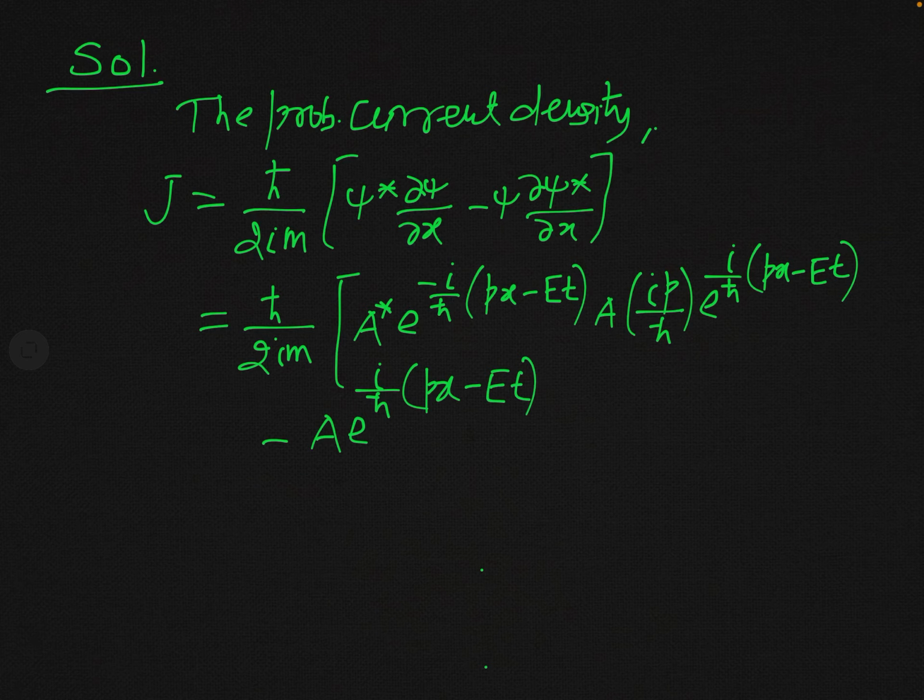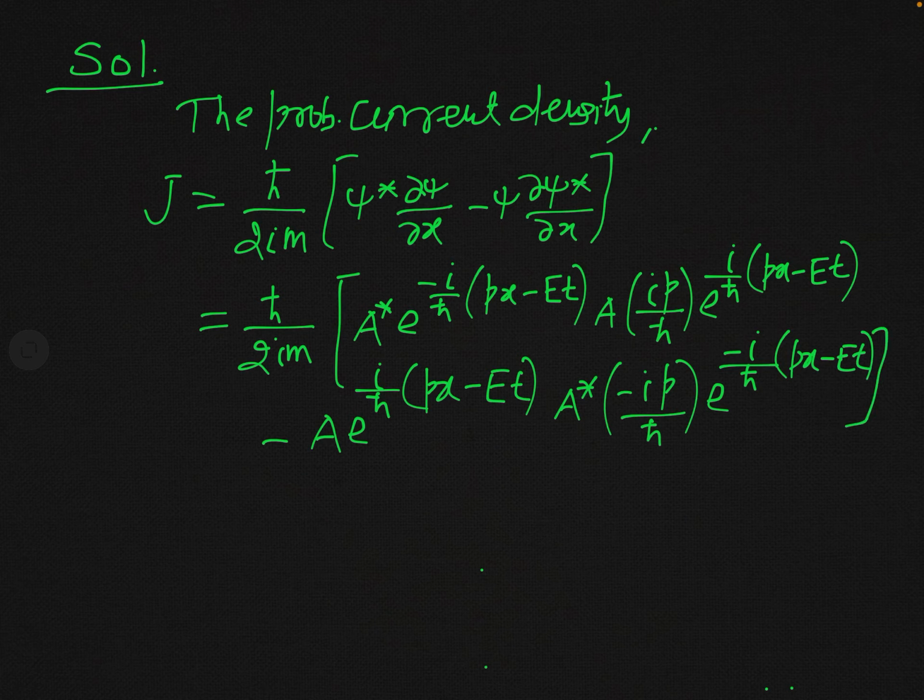And then we will differentiate the complex conjugate psi star partially with respect to x, and this will be A star times minus ip over h cross times e to the power minus i over h cross (px minus Et).